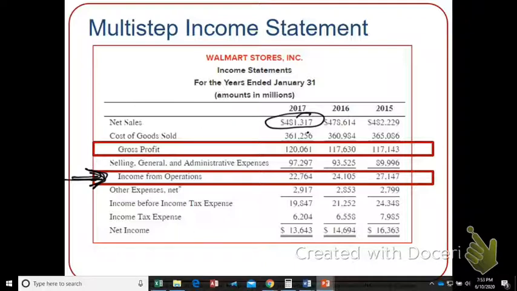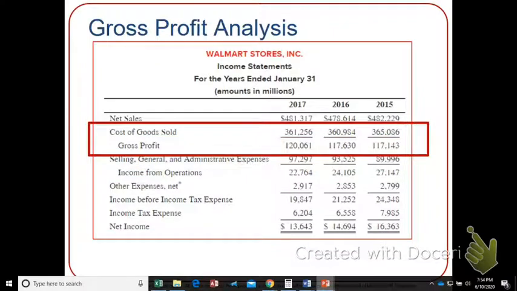So its income from operations is almost $23 million. That's the key that people are looking for. That and its gross profit, right? You can't do much about your gross profit. The biggest thing you can do there is try to get a cheaper supplier. All right, so that's where the focus is there. How can you reduce it? How can you get better?